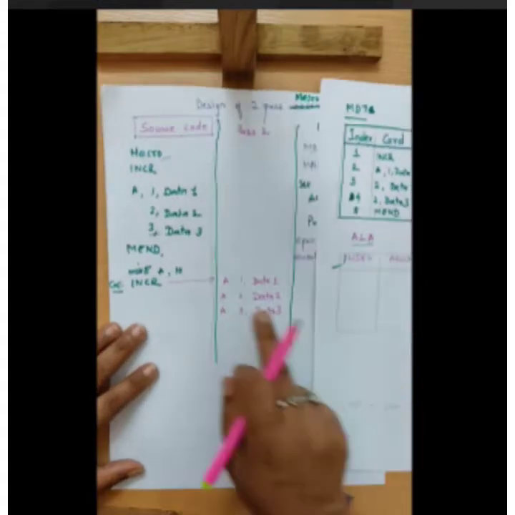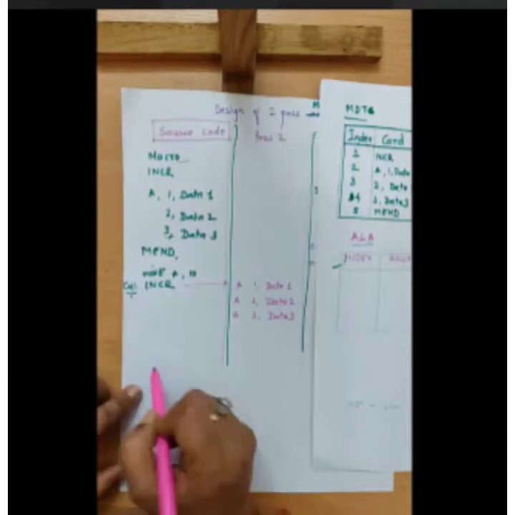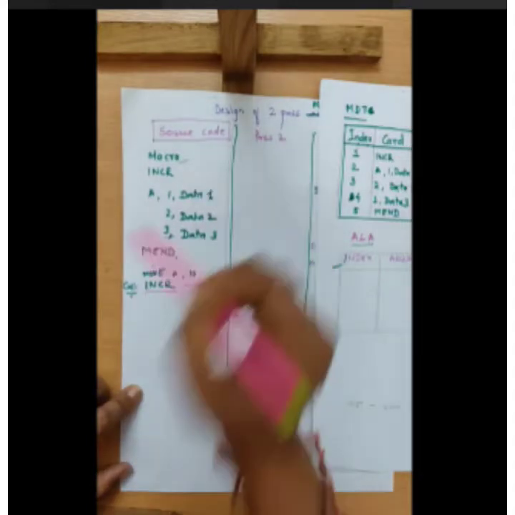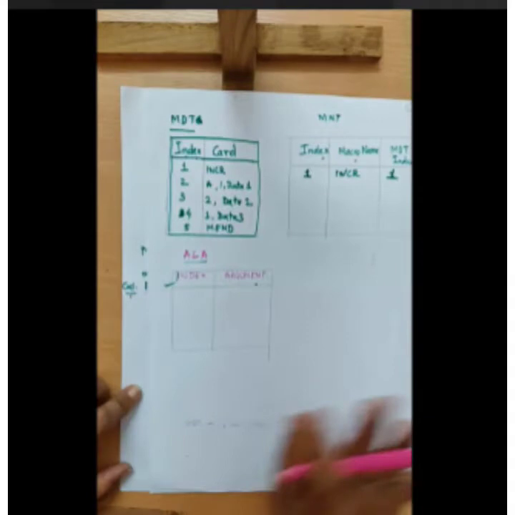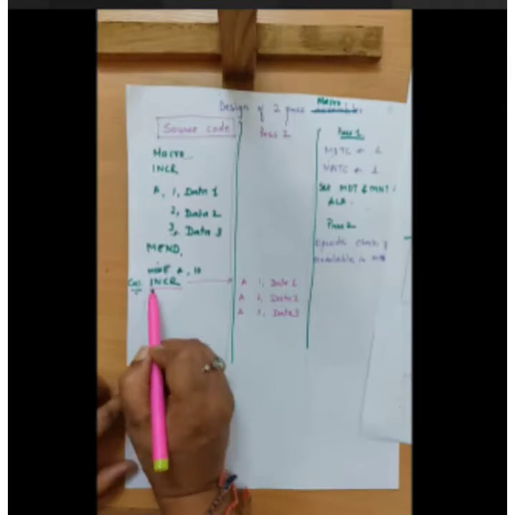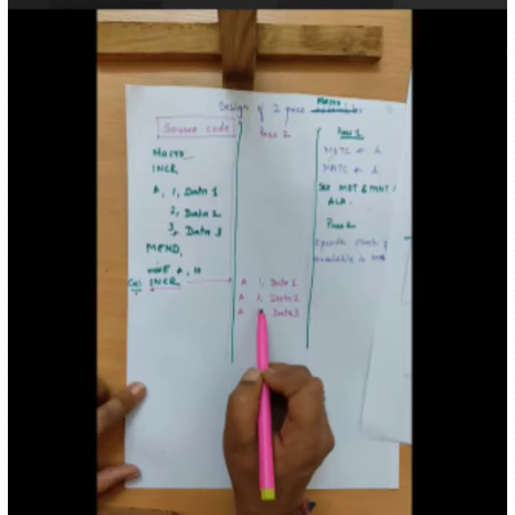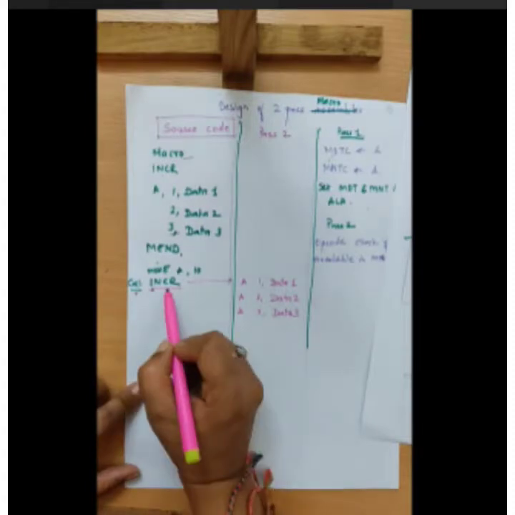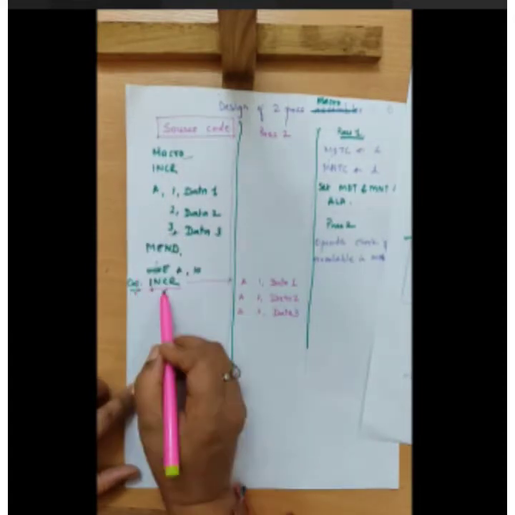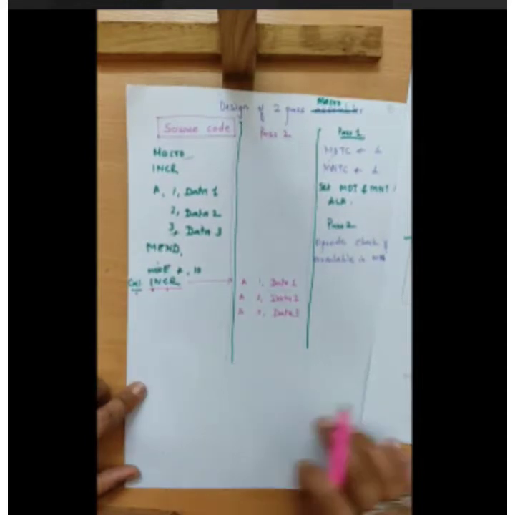Now what do we do in pass 2? In pass 2, we carry out macro call and macro expansion. Because we don't have any other macro, all the table entries are completed. Now we move to pass 2. In pass 2, we find a macro call. Once we see the macro call, we have to carry out the macro expansion. So for this macro call, in pass 2, the macro is replaced with the macro body.